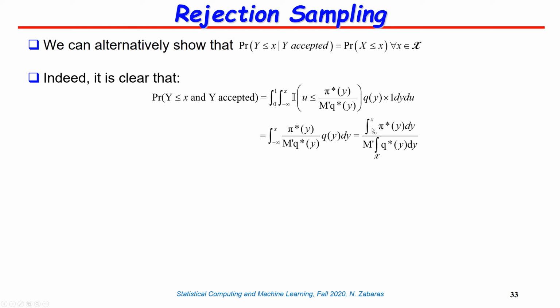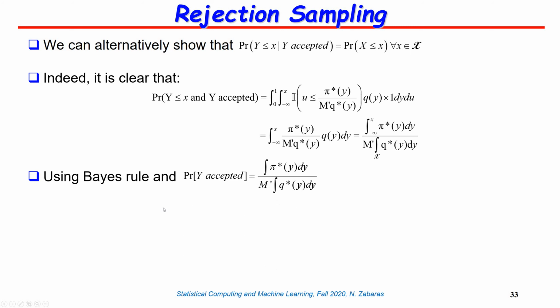Wrong, let me correct. q over q star will give me the normalization factor of q, and in the numerator I'm going to have the integral of pi star of y dy from minus infinity to x. So this reminds you of the CDF of pi of x, but the difference here is this is the unnormalized distribution pi star.